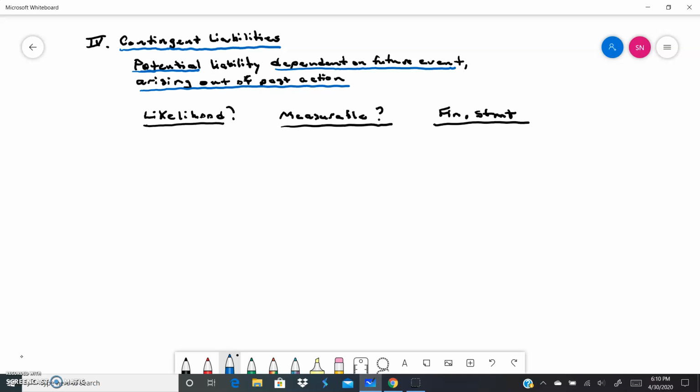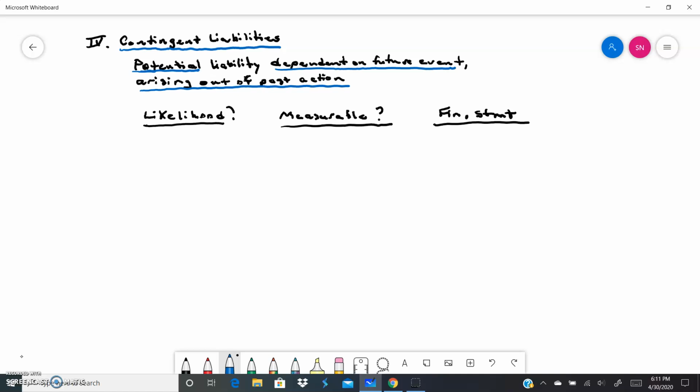And the past action would have been the sale of the car with the warranty. So that would fit into the idea of a contingent liability. So they are common. Again, some could be minor, but some could be catastrophic. But some are not just arising out of one-time events, but some are in the normal course of business, such as a warranty.